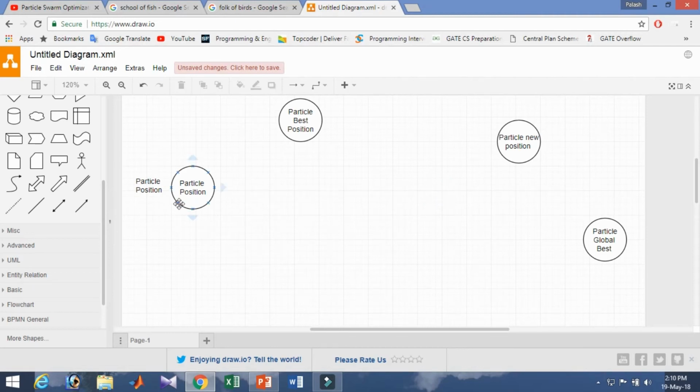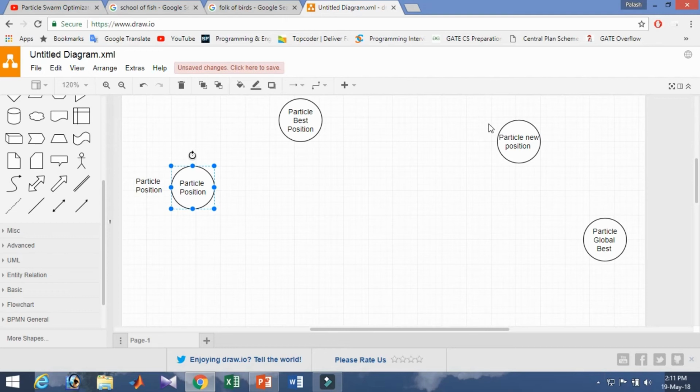The particle position is here, the particle best position is here, and the particle new position is here. Okay, why is it like that? Because obviously every time the particle position is here, from here you will not directly go to this position for sure. Maybe the next iteration it will go here or some other place.